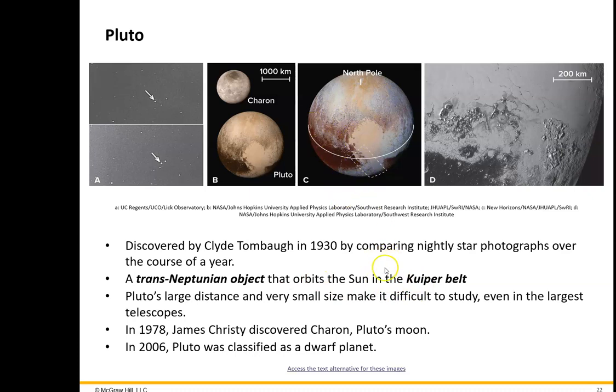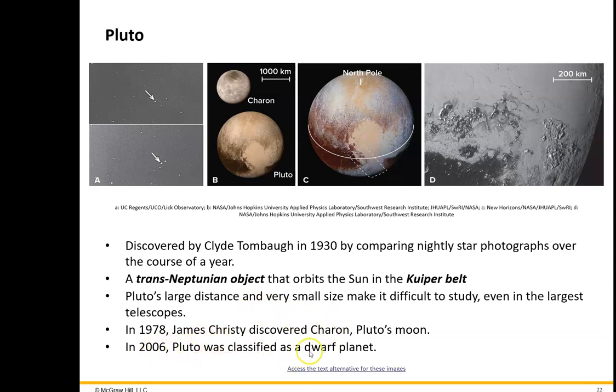It actually turns out to be the largest one. It's also a member of this region of the solar system called the Kuiper Belt. There in the 1970s was the discovery of Charon.